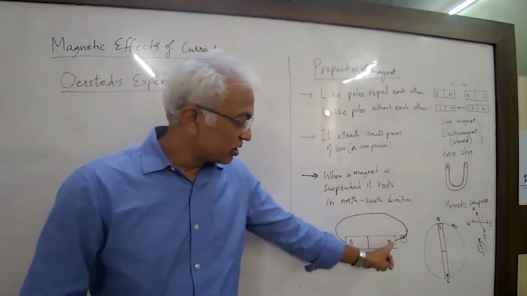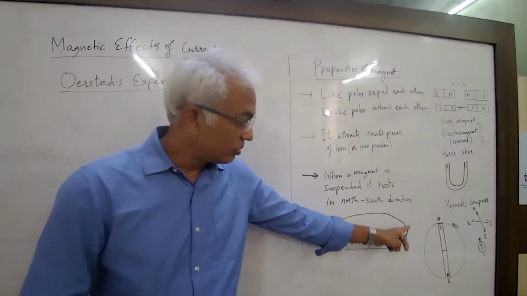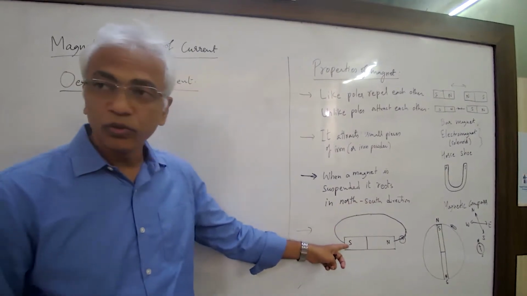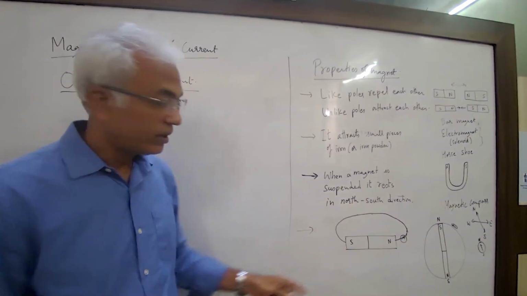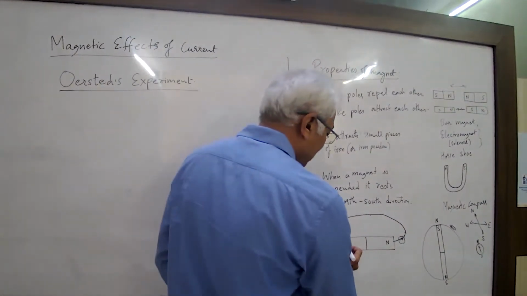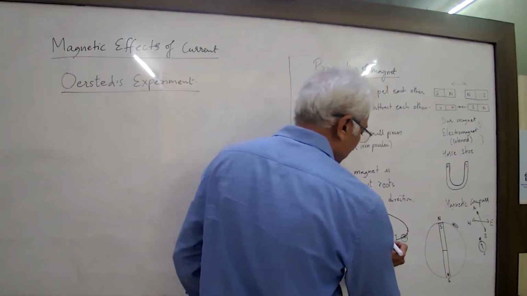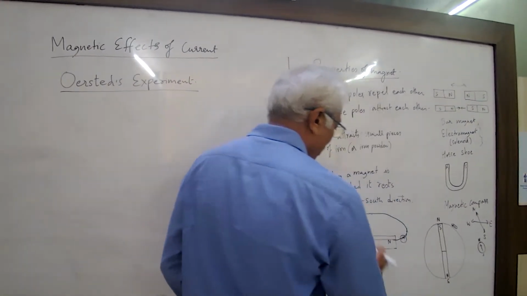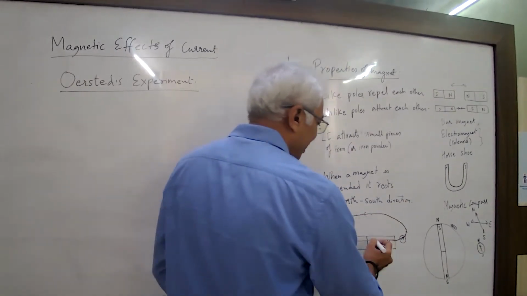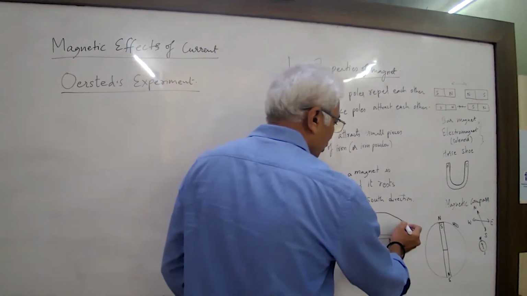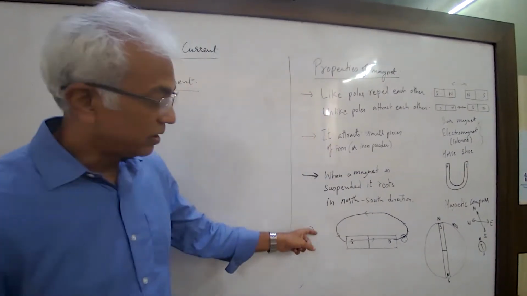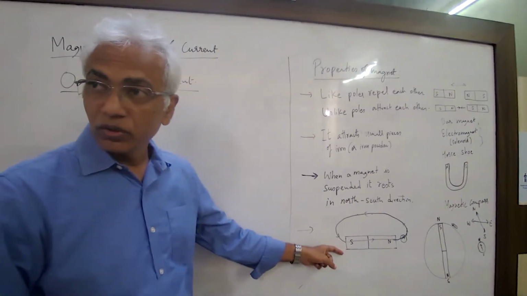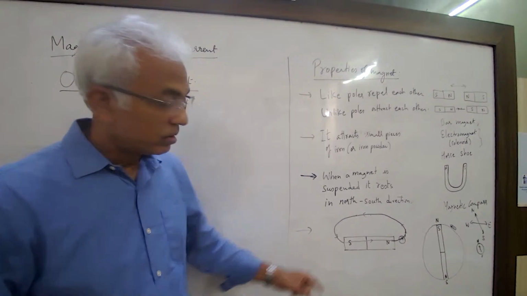Here the north pole is repelled, but as it comes here, it is near the south pole, so now the north pole is pointing towards the south pole. Inside the magnet, the field line travels south to north. So magnetic field lines actually make closed loops. They emerge out from the north pole and merge into the south pole. Understood? This is how it is.